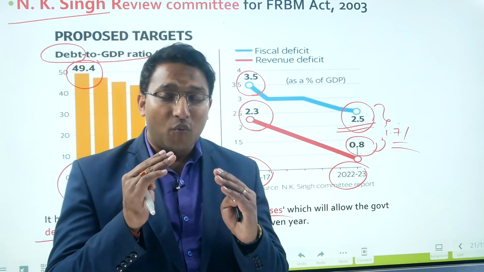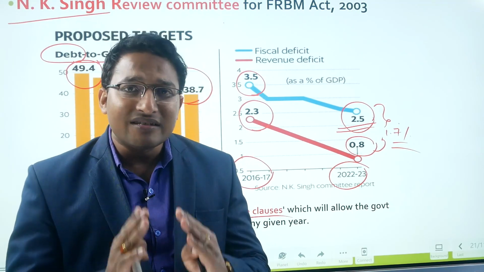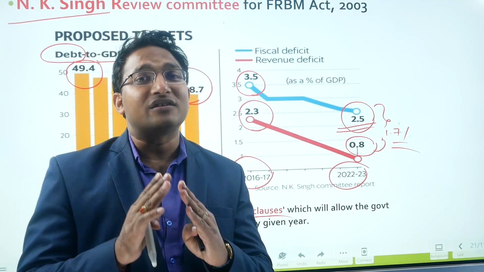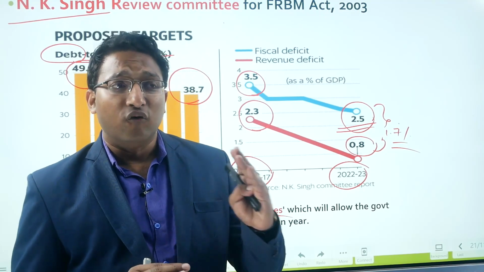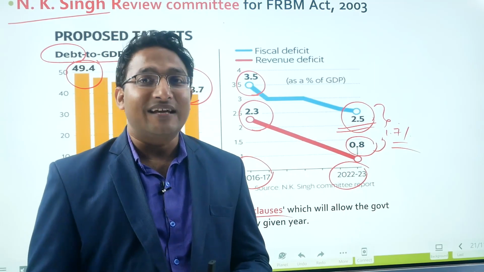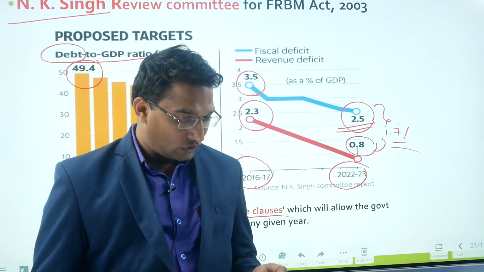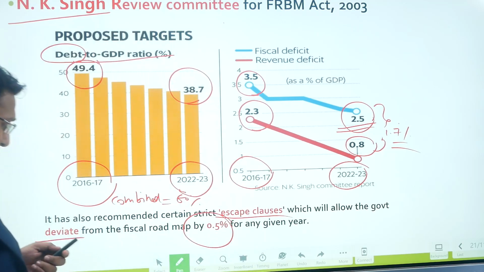And what is the reason that I am discussing this concept right now? The reason is that the government has adopted this relaxation for the fiscal deficit target for the year 2021. The government has said that we will adopt this relaxation. So this is the reason why I discuss this concept, and you should understand the meaning of the escape clause.